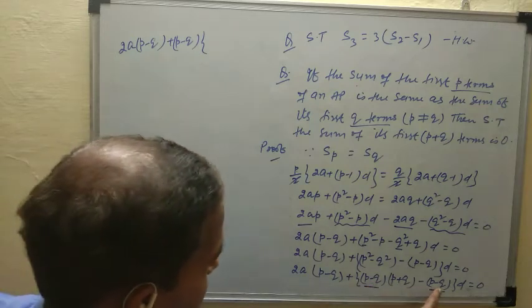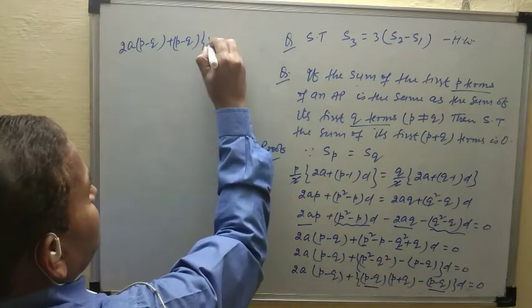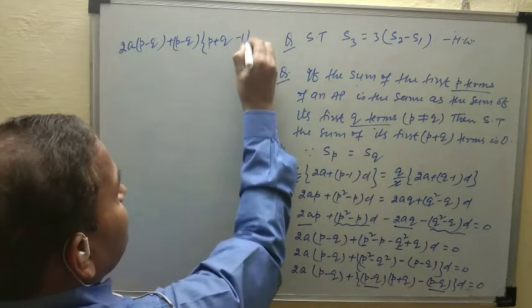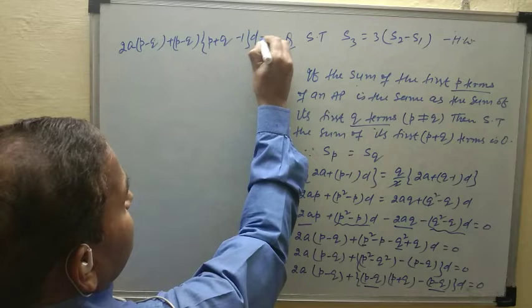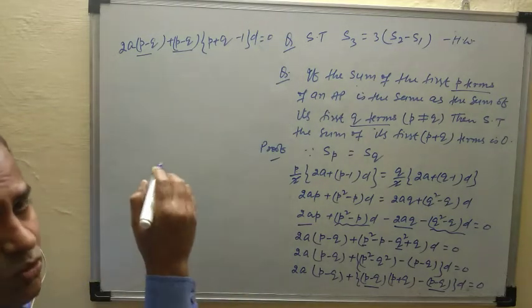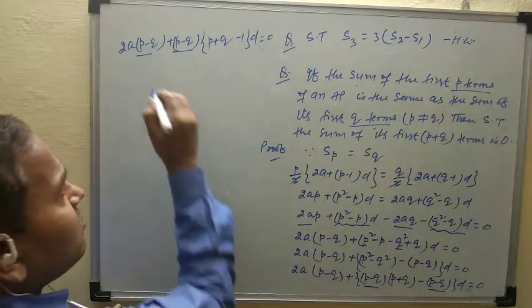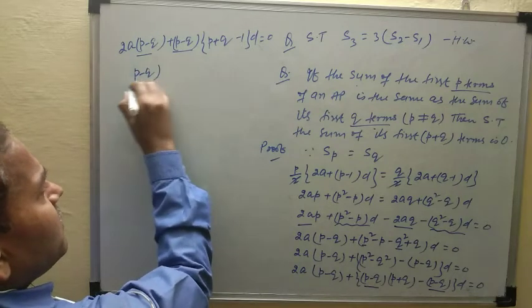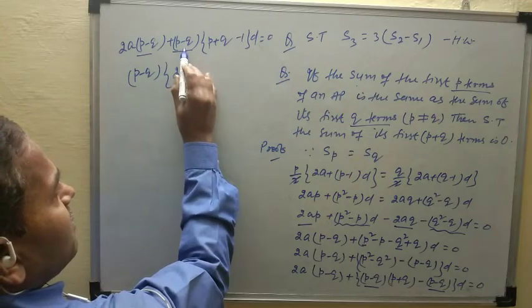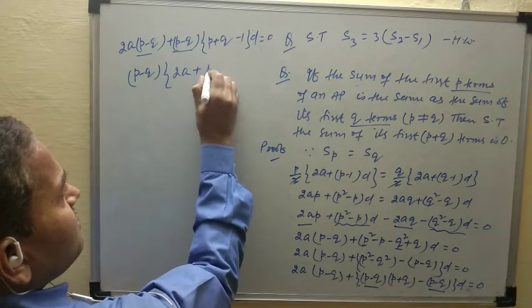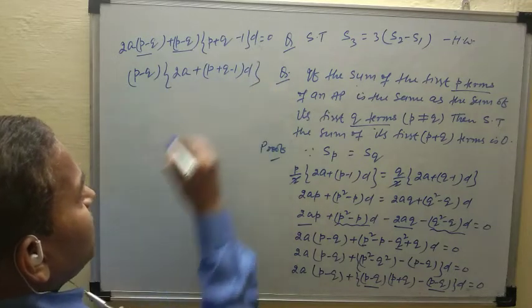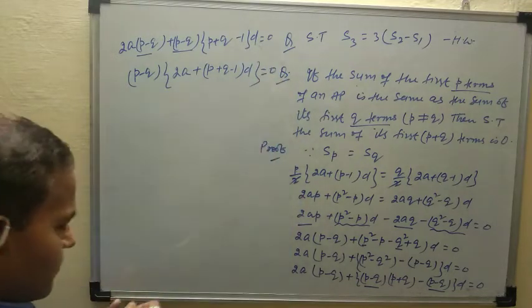The remaining term is p plus q minus 1 into d, equal to 0.